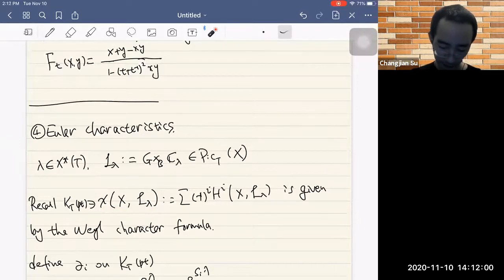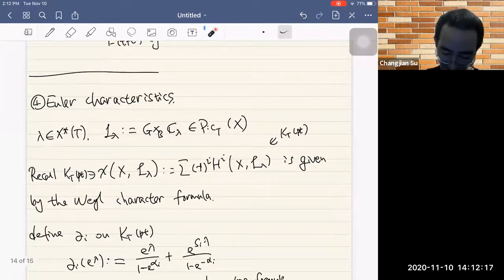By definition, this is just the alternating sum of the cohomology of this line bundle, so this lies in the equivariant K-theory of a point. This will be some Laurent polynomial, and this is well known, right? This is just given by the usual Weyl character formula.